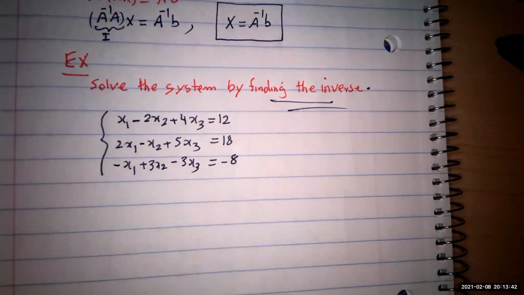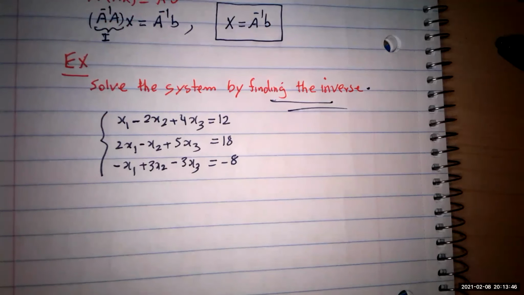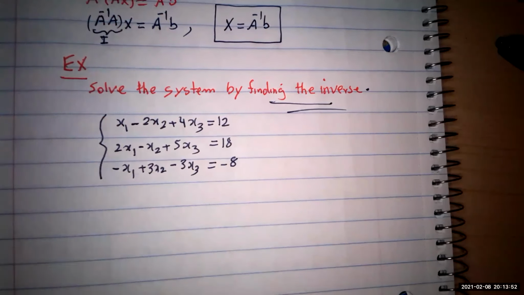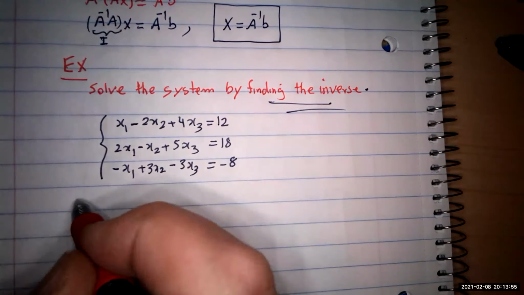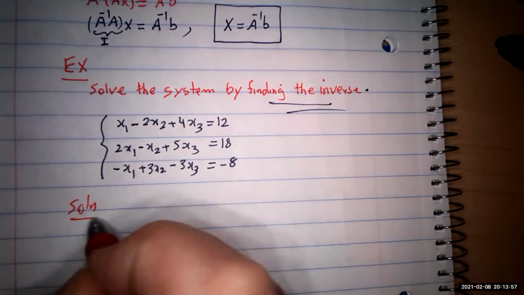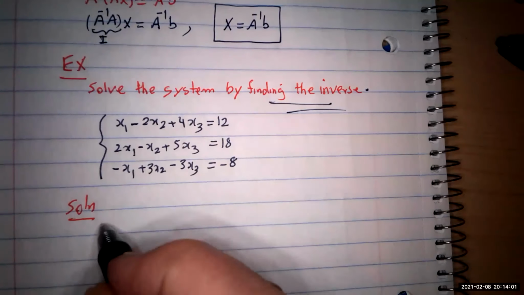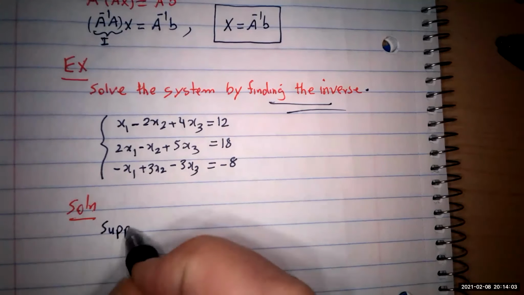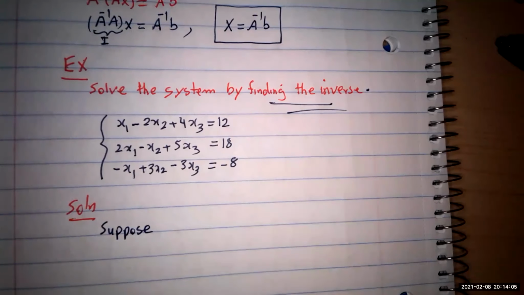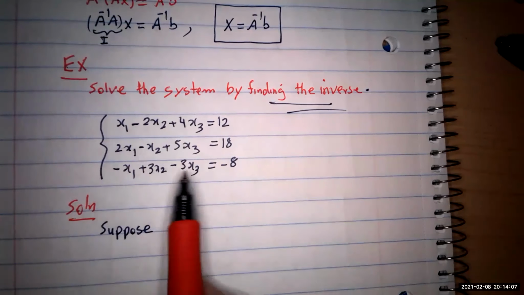You want to solve it by the matrix equation. So what we're going to do is quickly change it to the matrix equation. This is going to be your solution. We're going to identify the matrix A. Suppose that the matrix A is the matrix of the coefficients.